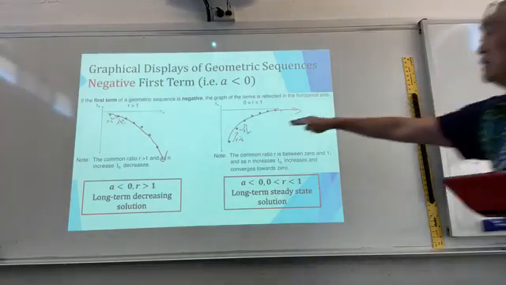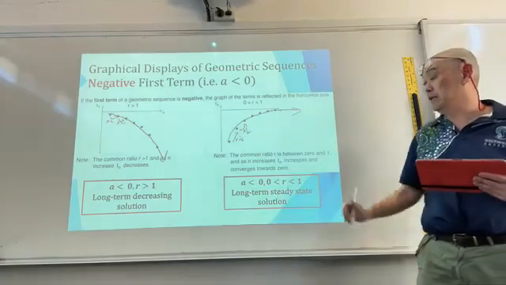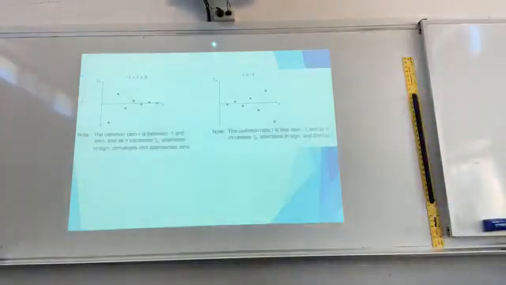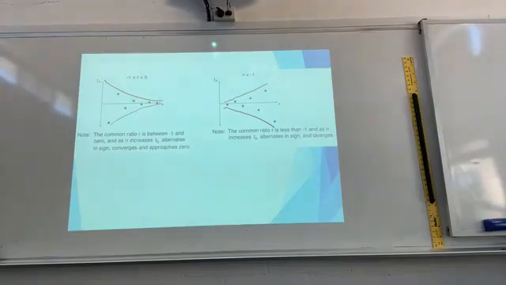So when it approaches a number, getting closer and closer to a number, that's always a long-term steady state solution. All right? This sort of situation is the same. What is it approaching? 0. Yeah? So there is a long-term steady state solution. Whereas in this situation, it could be up or down, up or down.